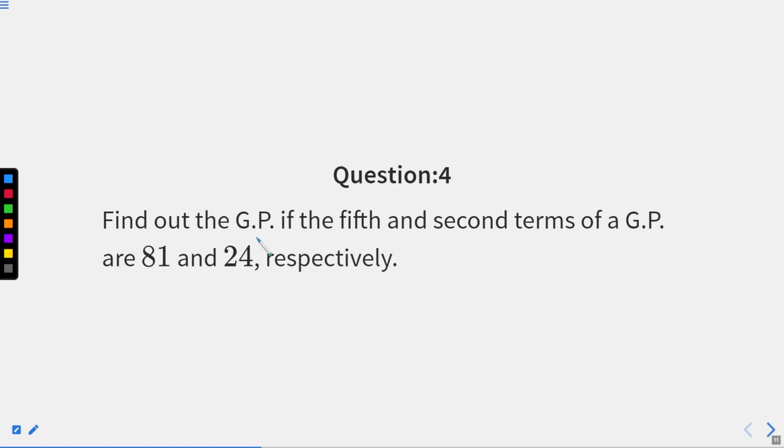So now let's put our concept into the question. It is given a GP, and the fifth term is given. The first term is A, second is AR, third is AR squared, fourth is AR cubed, fifth will be AR to the 4.